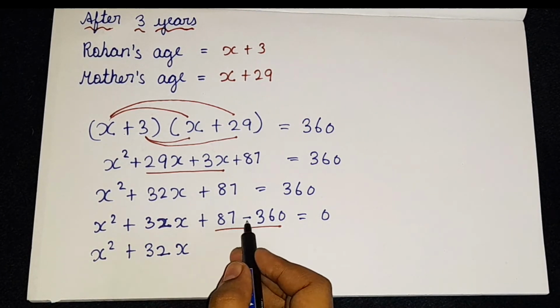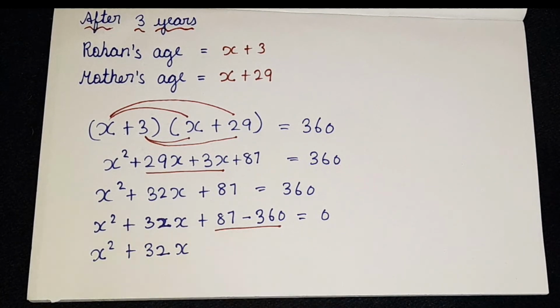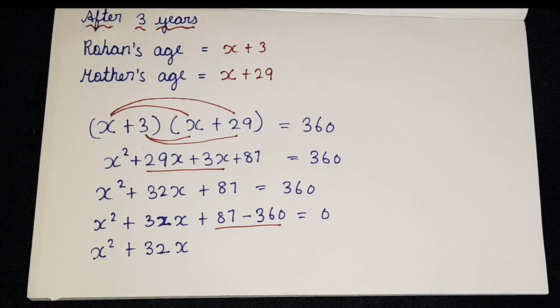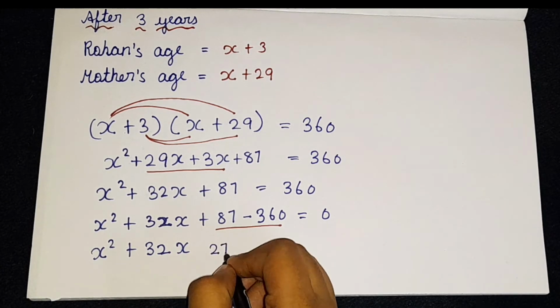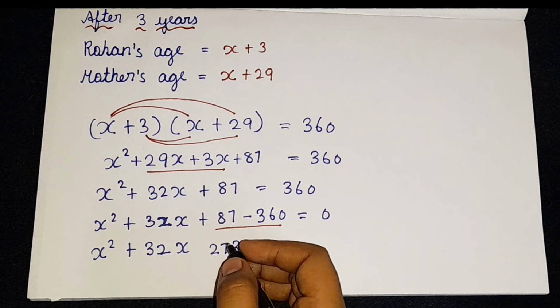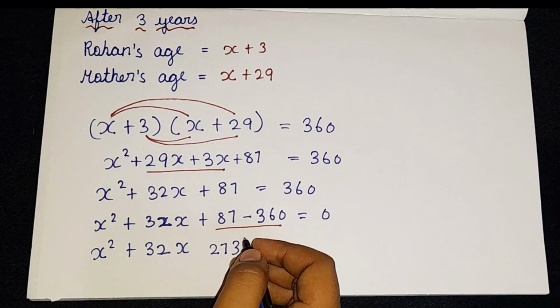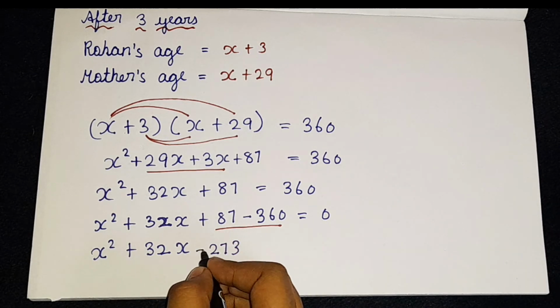Why? Because plus and minus is minus, so we are going to be subtracting 87 minus 360. Okay, so when we subtract them, we get 273. Okay, so we got 273, and what about the signs? So we are supposed to take the greatest number sign. So here the greatest number is minus, so we can just write the minus as it is.